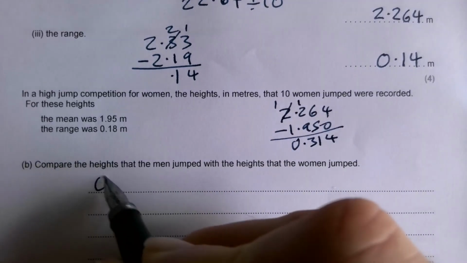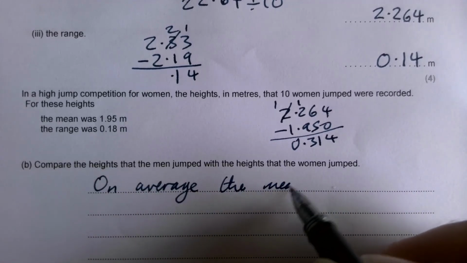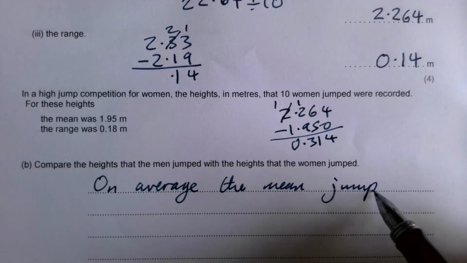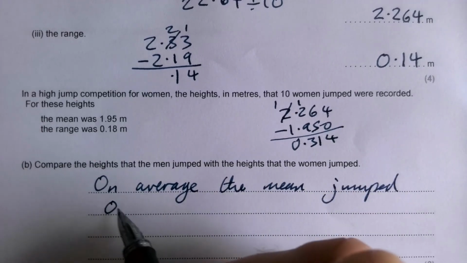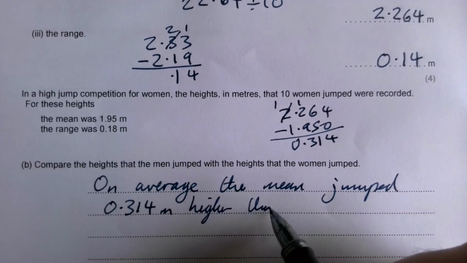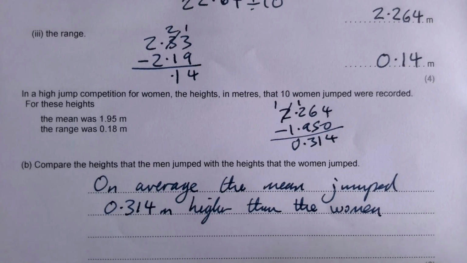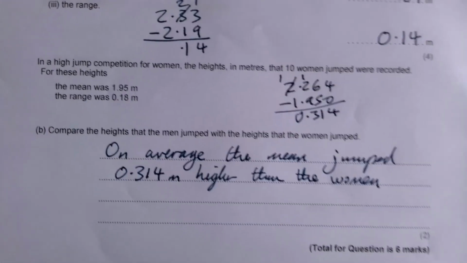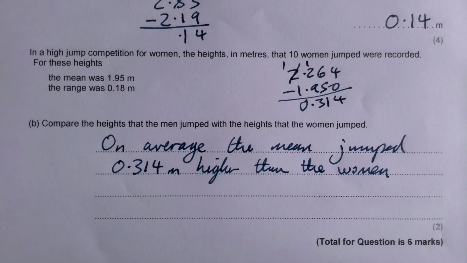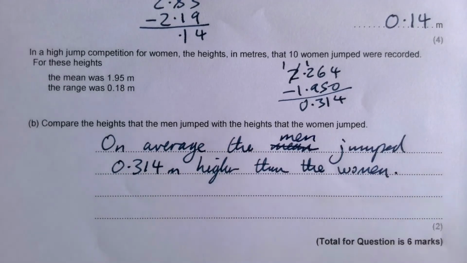So I could say on average the men jumped 0.314 meters higher than the women, and that would get me 1 mark. But if I'd just written that the men jumped higher on average than the women, that would have got me the mark. Or that the men's mean was higher. I've written the mean, haven't I? I should have written the men. Then that would have been okay.